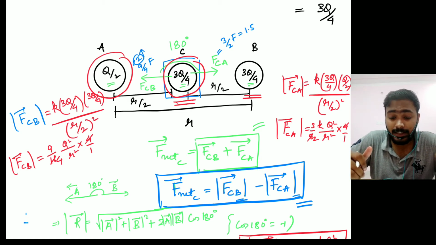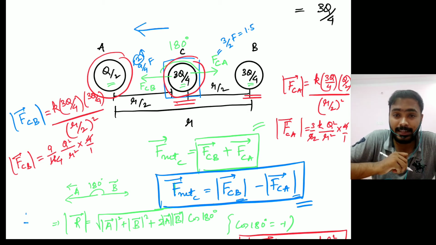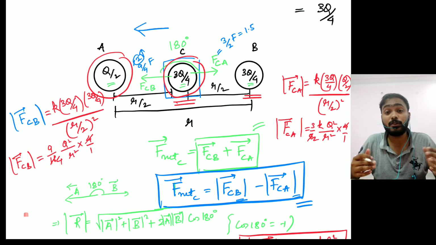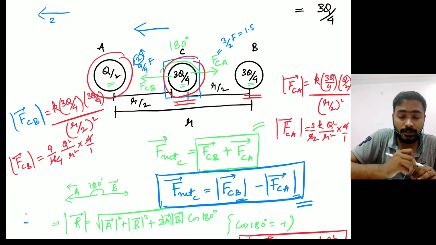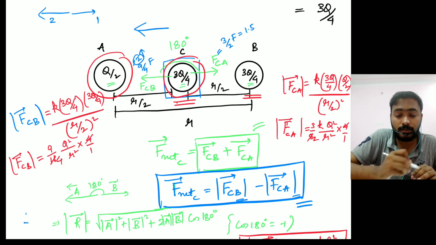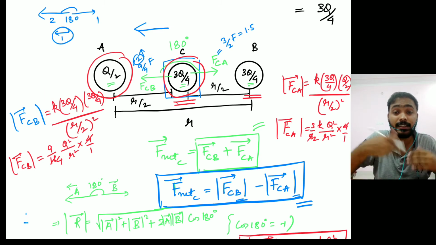So that means your resultant vector will be in that direction, because we have said in our vector classes that if you have 2 in this direction and 1 in that direction, and the angle between them is 180 degree, then obviously the resultant will be in the greater magnitude direction.